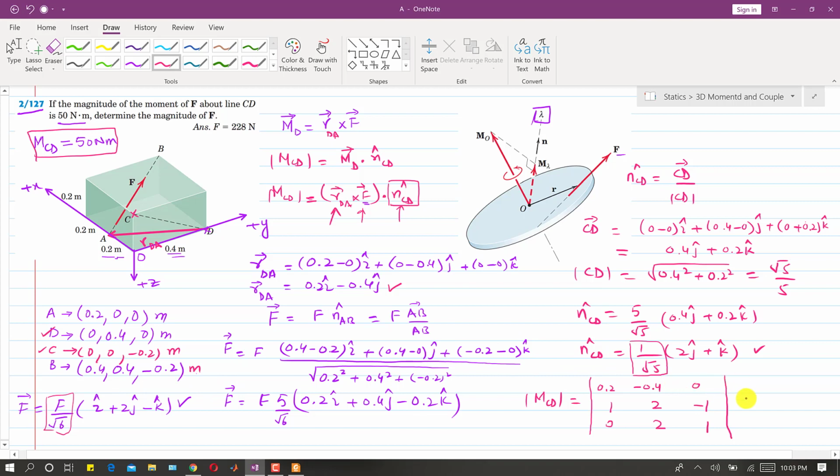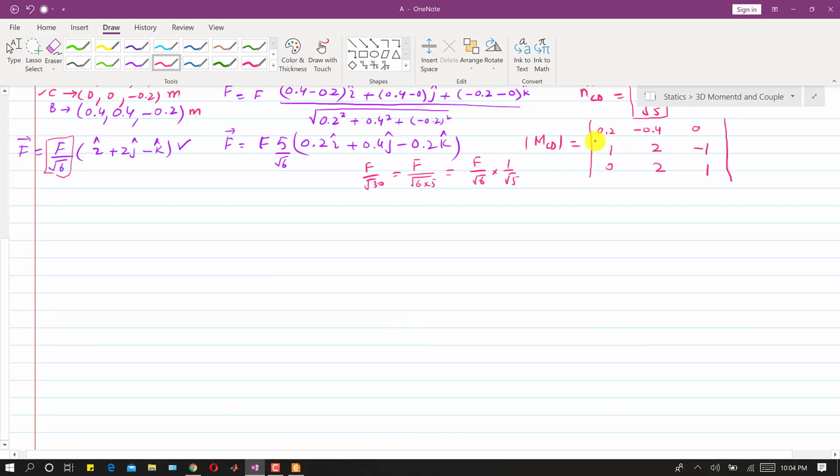So if I multiply both of these, it will be F divided by root 6 multiplied by 1 by root 5, which will be F divided by root 30. So here we will multiply this determinant with this as well. I will write, multiply this by F divided by root 30.